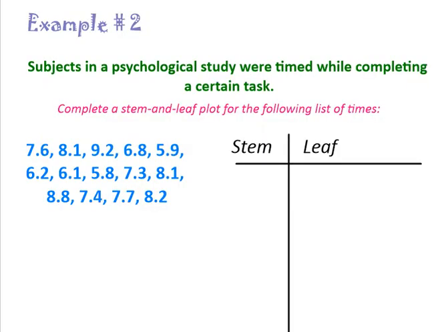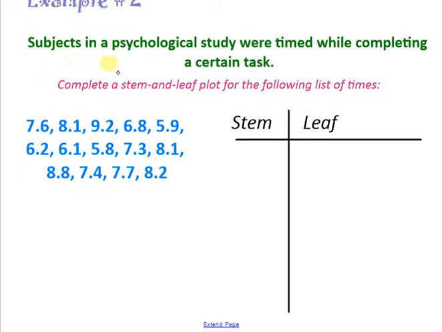All right, let's go ahead and do example 2. Subjects in a psychological study were timed while completing a certain task. Complete a stem and leaf plot for the following list of times. So here we have some decimals, and that's not a problem. We're going to go ahead and do it the same way. The first thing we need to do, though, is go ahead and order them.